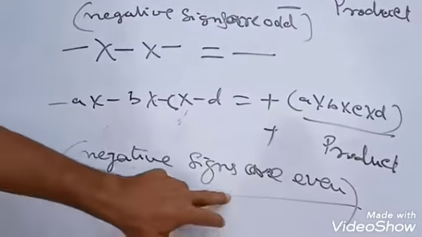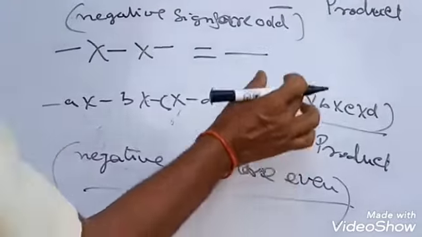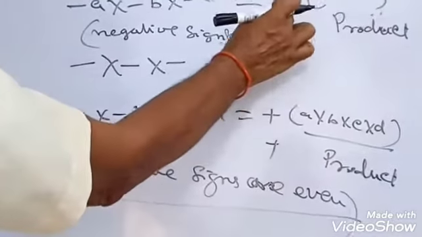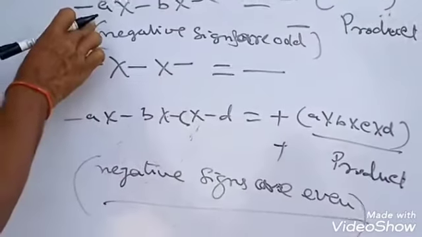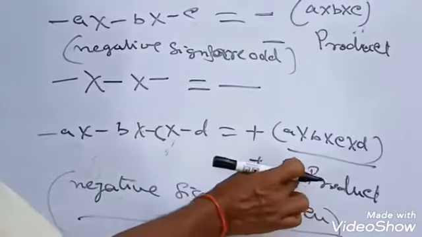When the negative signs are even, the sign is plus. If it is odd numbers, then it is negative. If it is even numbers, it will be positive.